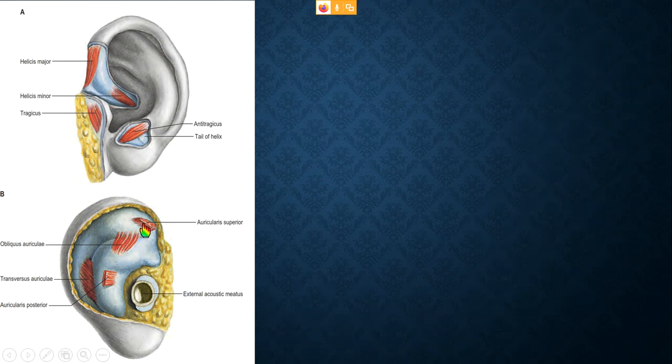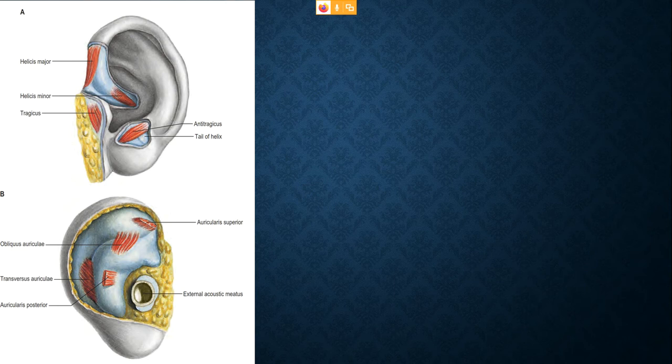From it, the auricularis superior, anterior and posterior arise, and they are inserted into the spine of the helix and the upper part of the cranial surface of the auricle, respectively. The posterior muscle arises from the mastoid part of the temporal bone and is inserted into the eminentia of the concha.